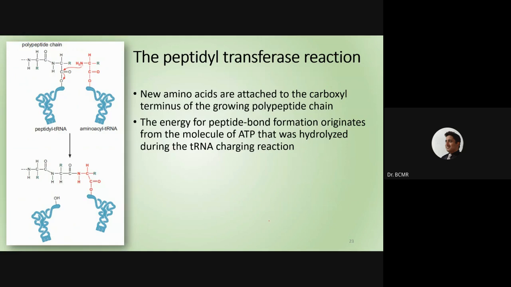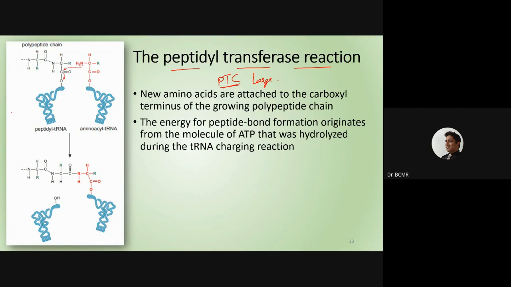We'll also look at the chemistry of peptidyl transferase before we dive into the mechanisms of translation. The peptidyl transferase reaction happens in the peptidyl transferase center, which is in the large subunit.